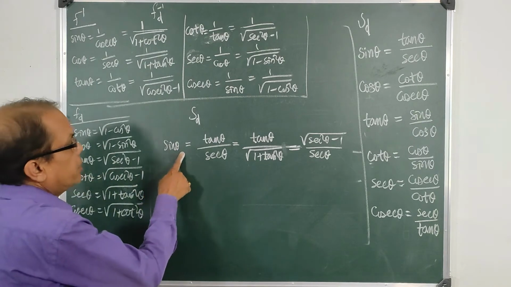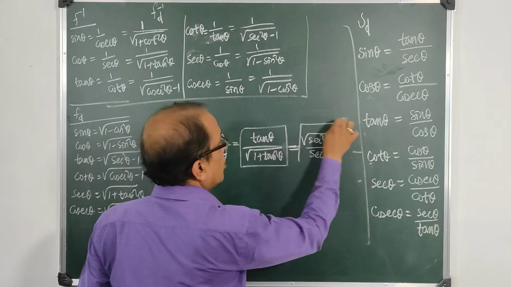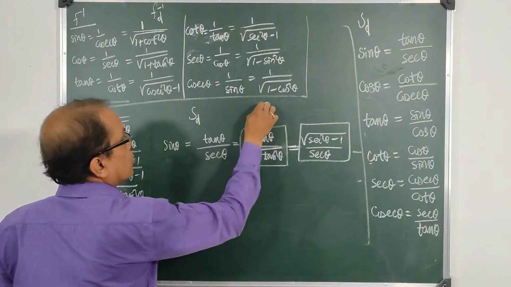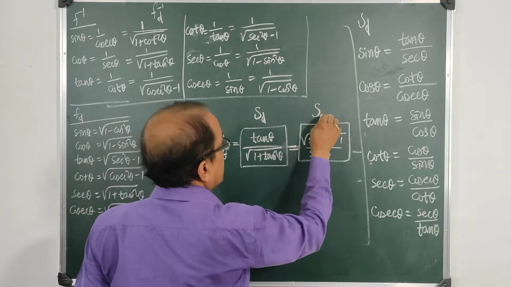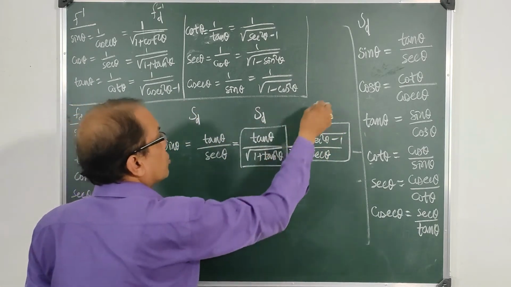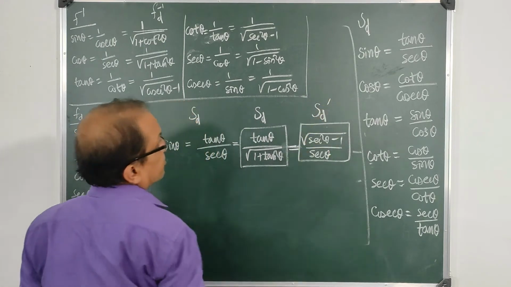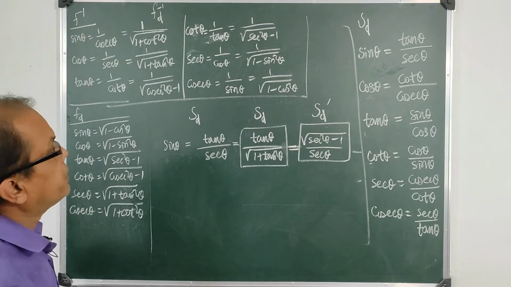So sin theta can be put into 2 different forms, purely in form of tan theta or purely in form of sec theta. So if this one is the secondary derivative 1, then this is the secondary derivative 2. So how to differentiate between the two? Let us call it SD dash. So the first one will be SD, the second one will be SD dash.